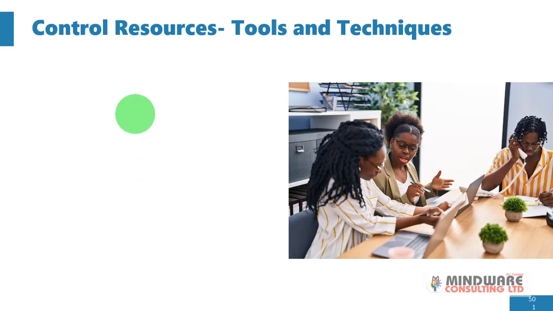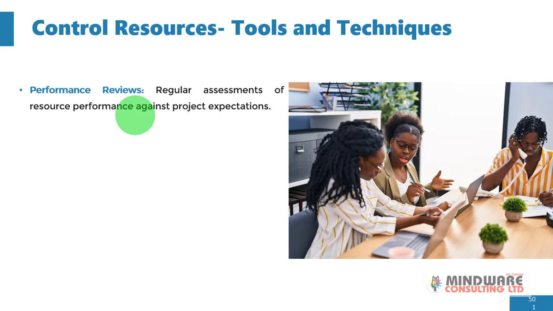All right, so what are the tools and techniques that you use for this sub-process? Performance reviews. Regular assessments of resource performance against project expectations. So you must have your project expectation at the front burner of your mind.